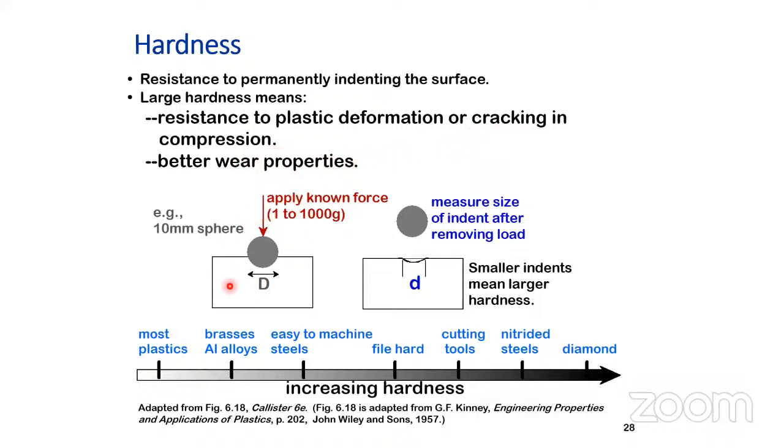If you see here, two images have been presented. You can consider this as a metal ball, generally of 1 to 1000 grams. Depending on your polymeric material, that weight is changed accordingly. Suppose you drop that ball from some height, your material will get deformed.